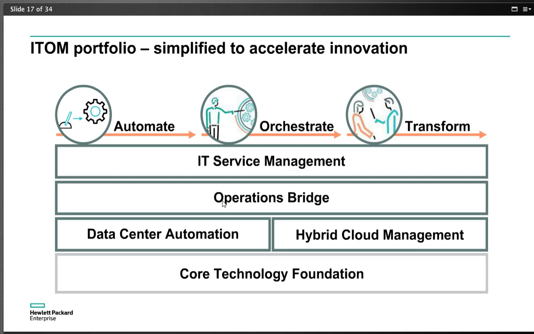And lastly, the hybrid cloud management suite, driving the cloud management platform for IT operations management. All of this is now based on a set of common shared technologies, which is our core technology foundation, which also helps us drive towards cross-suite integrations, ensuring that there is a consistent use of capabilities across all the suites.